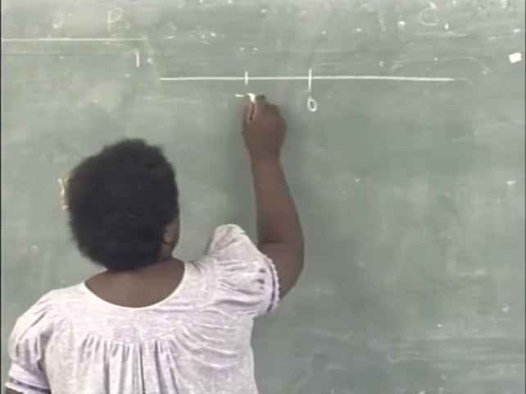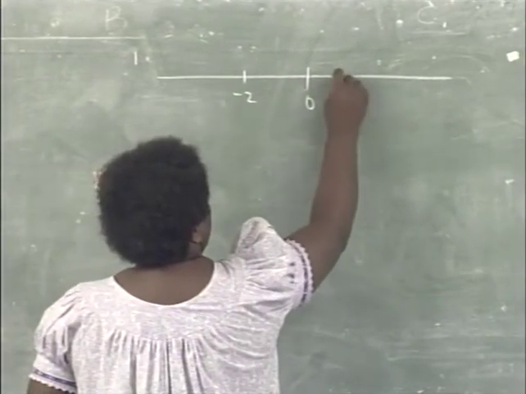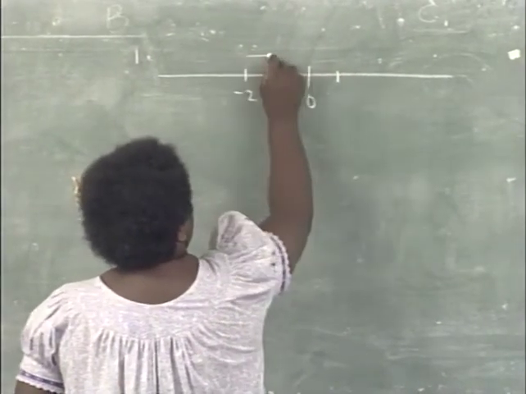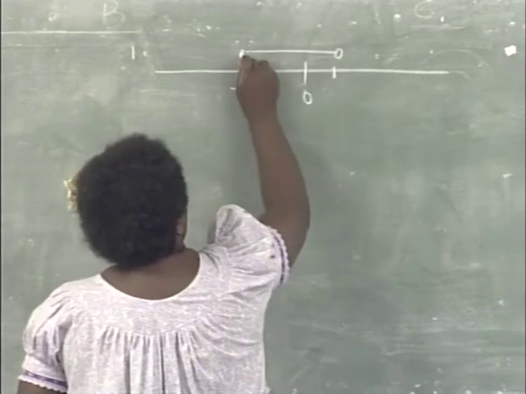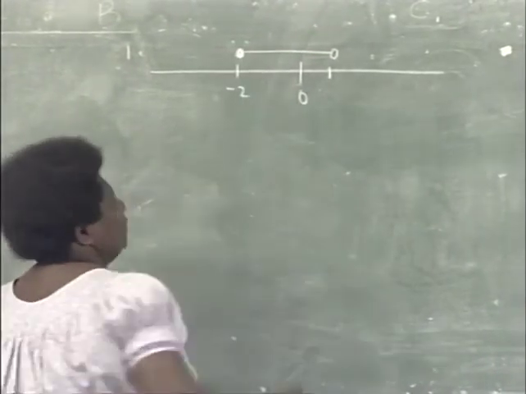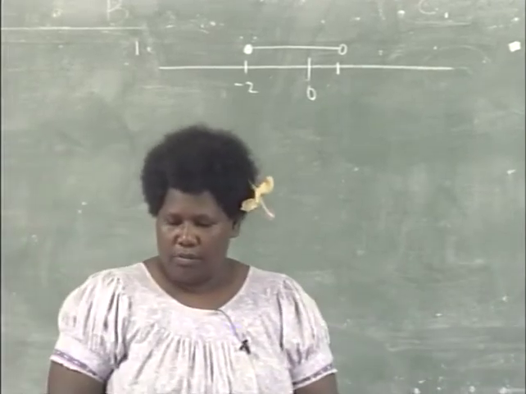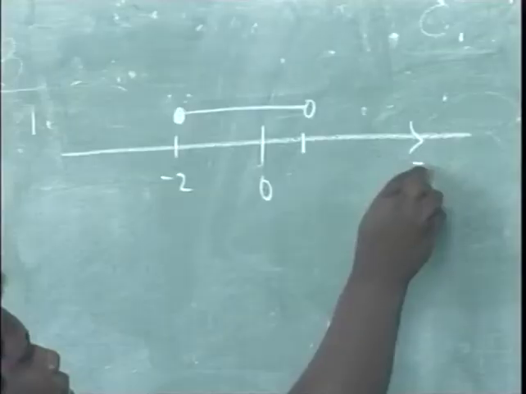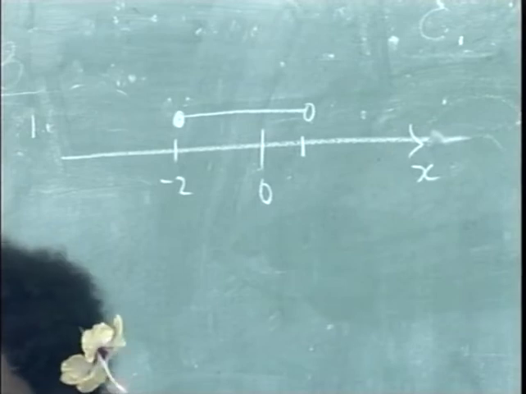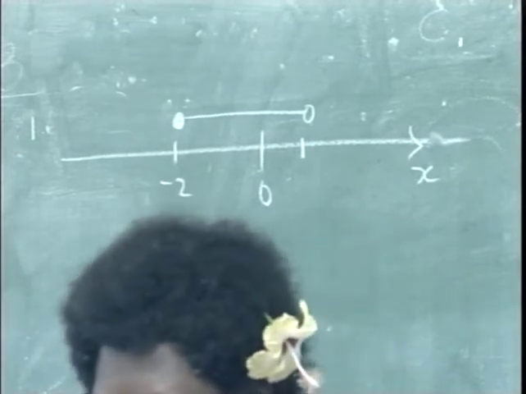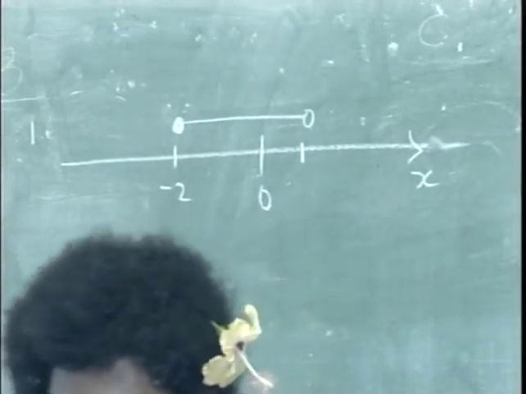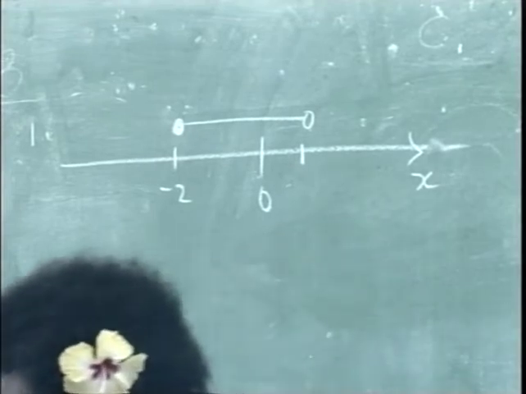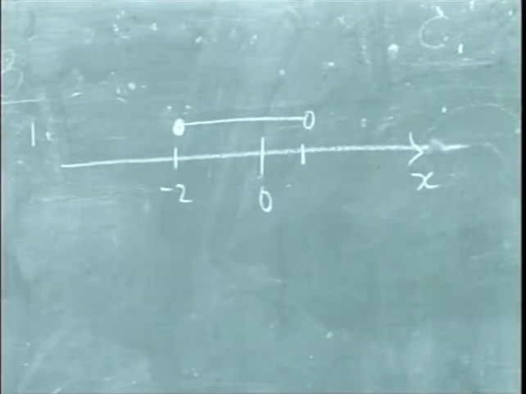Well, you have minus 2 on your number line and 1. It should be plotted, and the number line should be x. Is that the correct one? So minus 2 is less than or equal to x, which is less than 1.